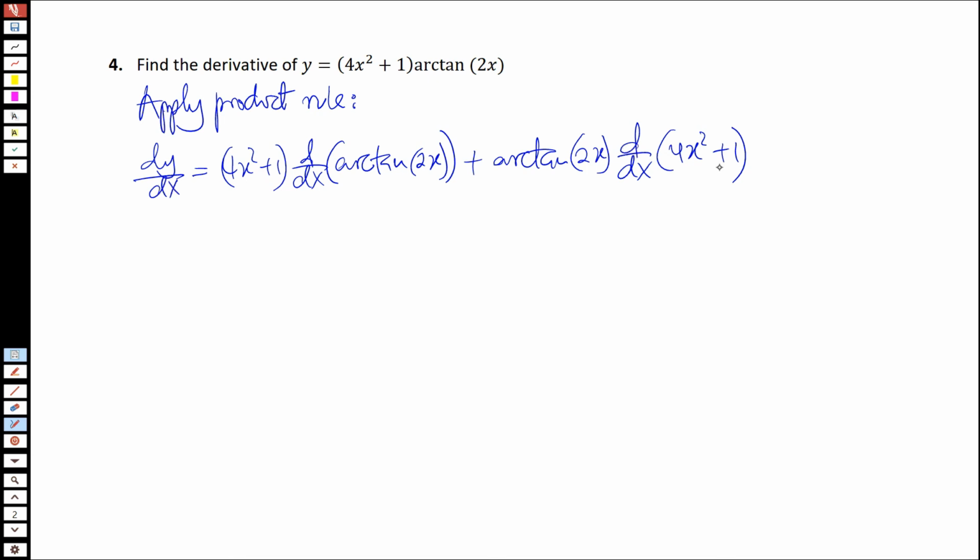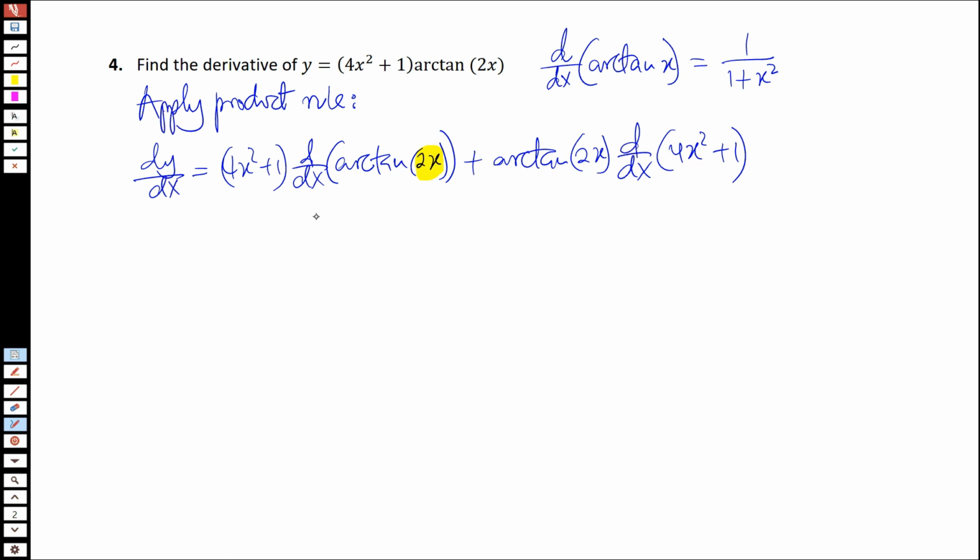Now, from our previous discussions, we realized that the derivative of arctan x is 1 over 1 plus x squared. What we'll do here is to apply that in finding the derivative of arctan 2x. In arctan 2x, we have a function inside another function, so when we differentiate that, we will be required to apply the chain rule.